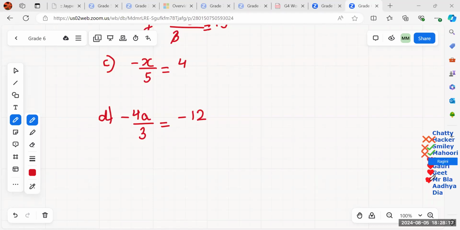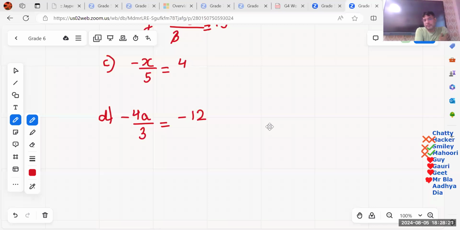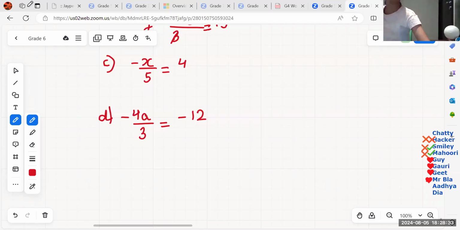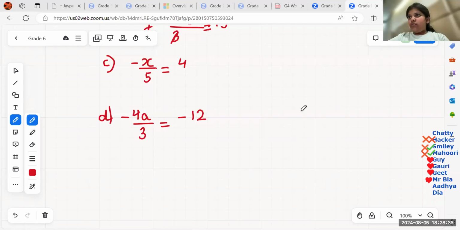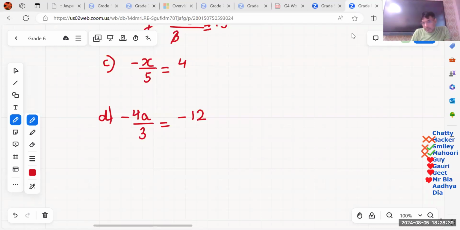Excuse me, sir. Yes. Sir, can I go get my water bottle? Yes, beta, you can go get your water. So Adhya, Diya, Chatty. Sir, I'm just sending. Diya, keep your camera on. Diya, Geetal, keep eyes.